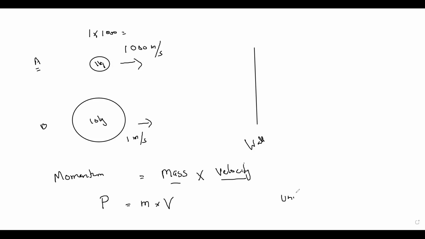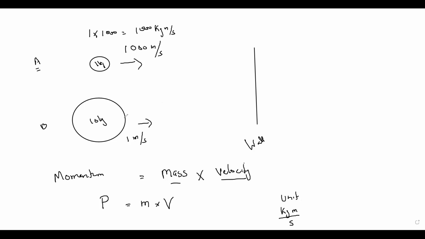And what about the unit? It will be 1000. As we know, the unit of mass is kilogram and the unit of velocity is meter per second, so it will be kilogram meter per second. So the momentum of object A is 1000 kilogram meter per second.